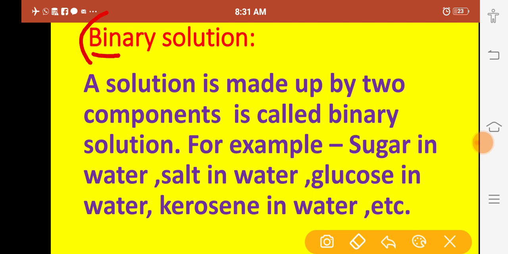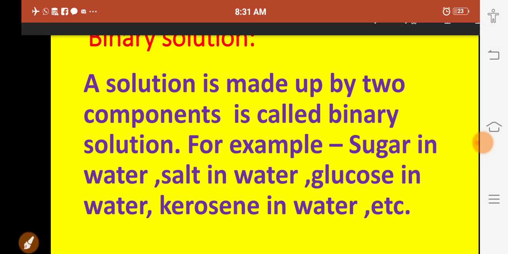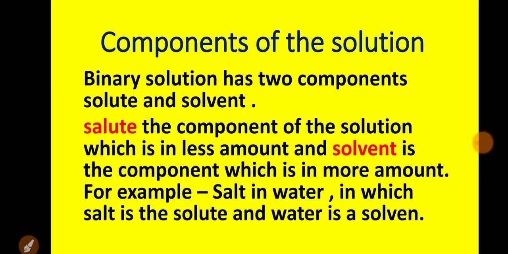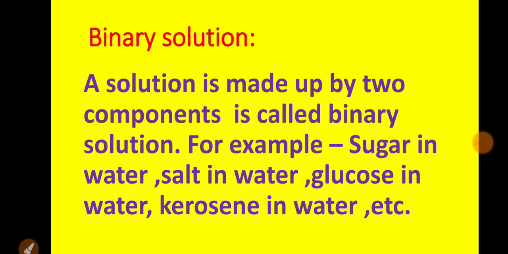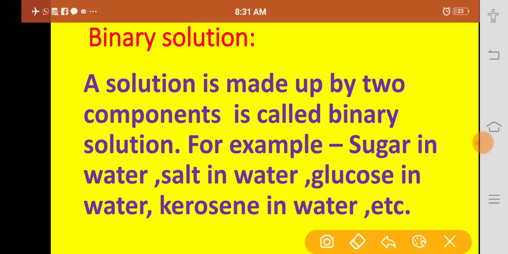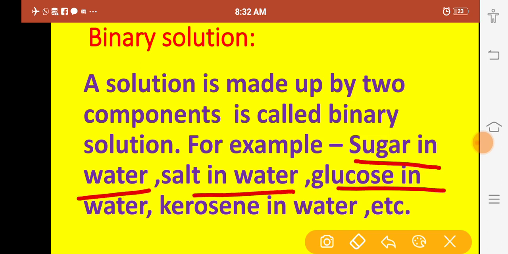Okay students, once again, a binary solution is a solution made up of two components. For example, a mixture of, here I am saying mixture, but since we are discussing solutions, we can say sugar in water, salt in water, glucose in water.